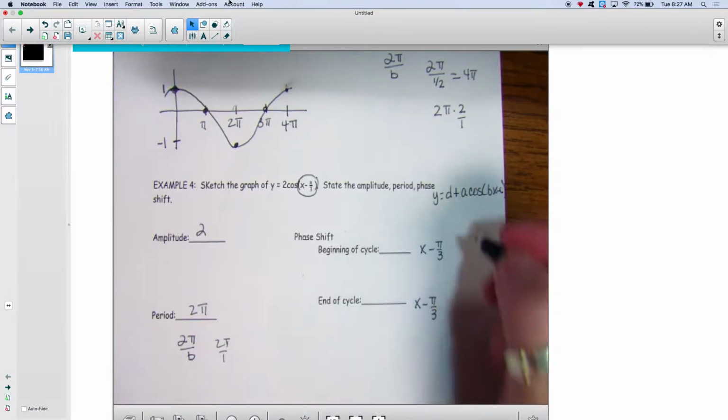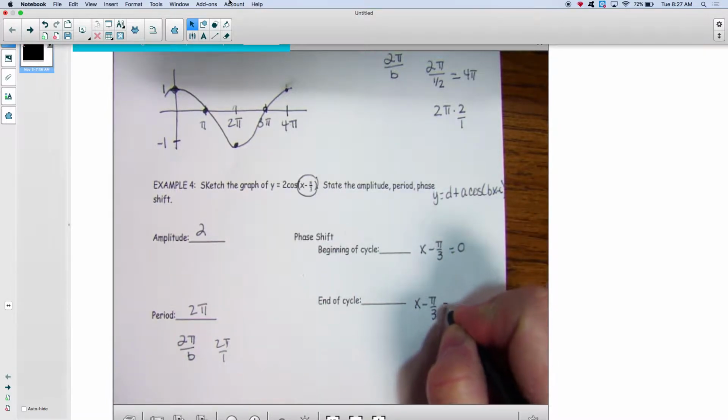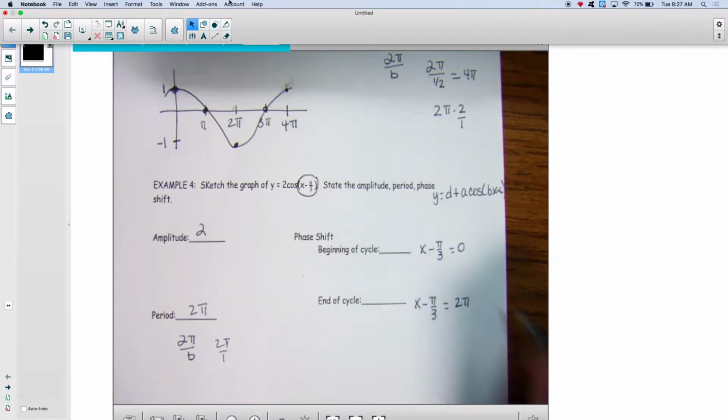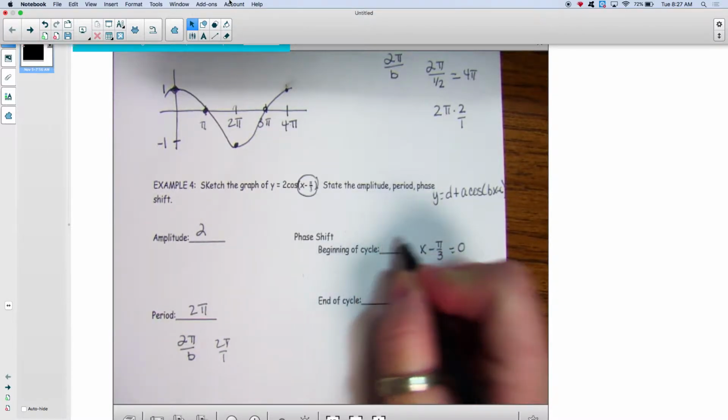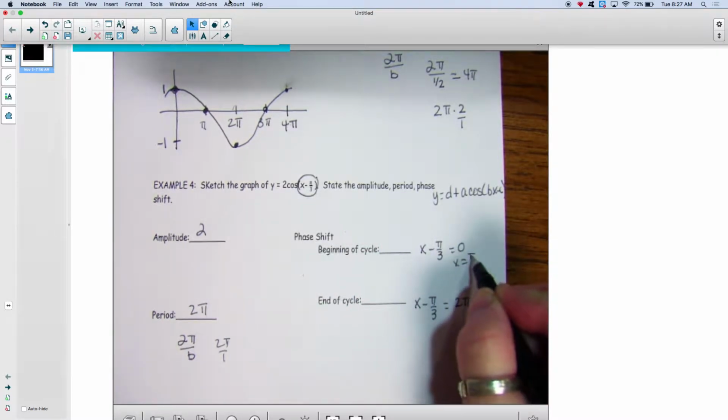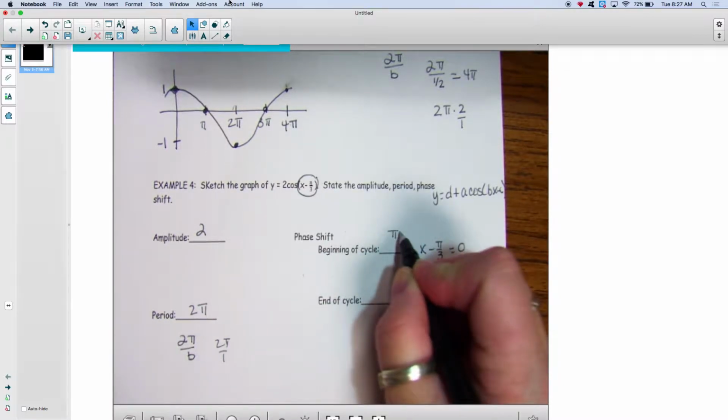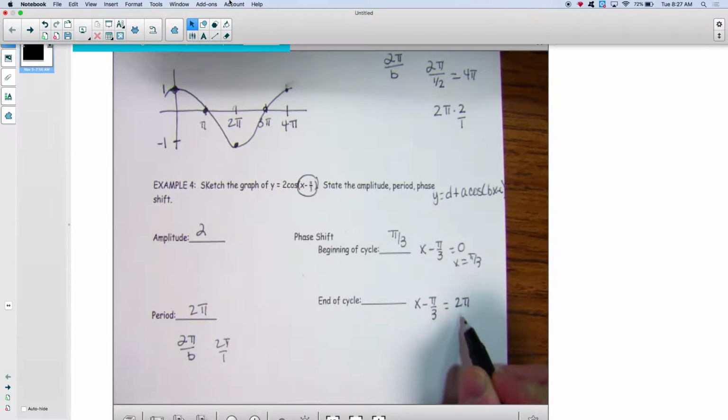Original function starts at 0. Where does it end? At 2 pi. All right, so our beginning of our cycle is going to start at x equals what? Pi over 3.